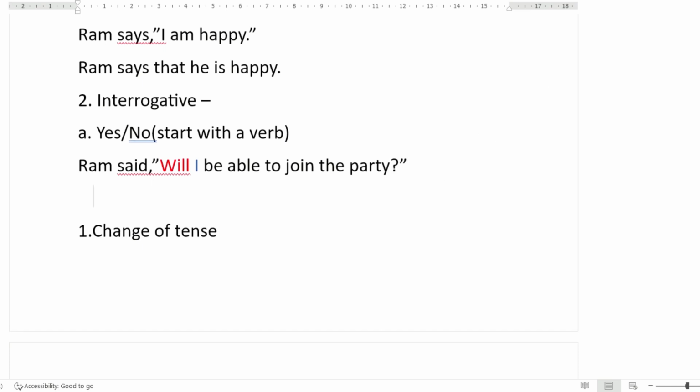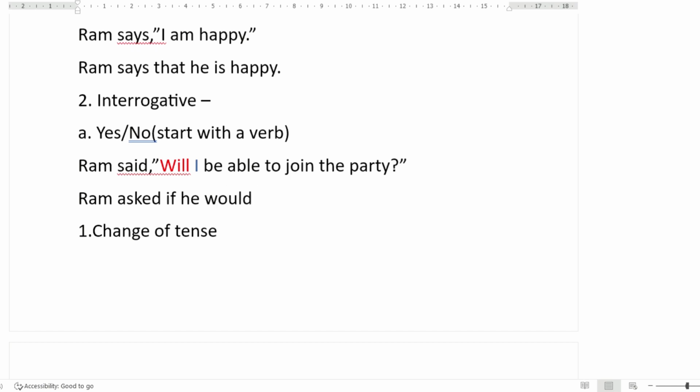So the sentence was, Ram said, will I be able to join the party? So let us see how it will change. Ram asked. Now it is a yes no question. So to remove comma and inverted commas, I will use if or whether. Ram asked if. Now logically it should have been, would he be able to join the party? But according to the fourth rule, the subject will come before the verb.